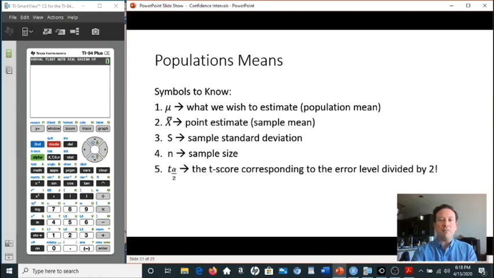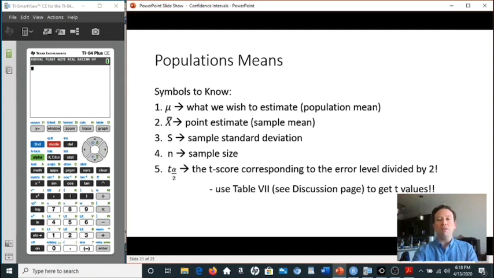And just like z sub alpha over 2, we're going to be finding a t sub alpha over 2. Again, that's the t-score corresponding to the error level divided by 2. Remember, alpha is the error level, and when you divide it by 2, it's error divided by 2, because you have two tails.